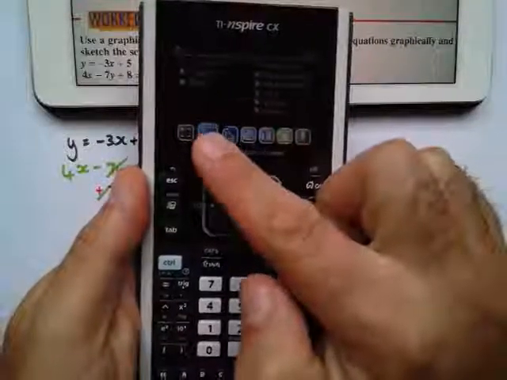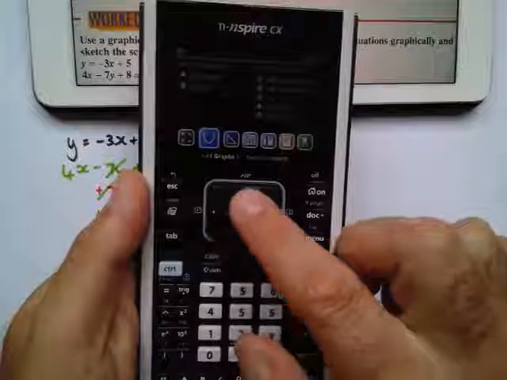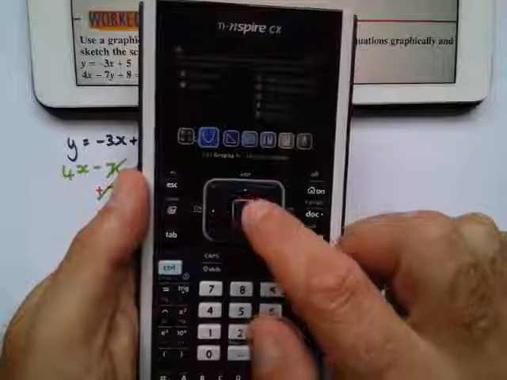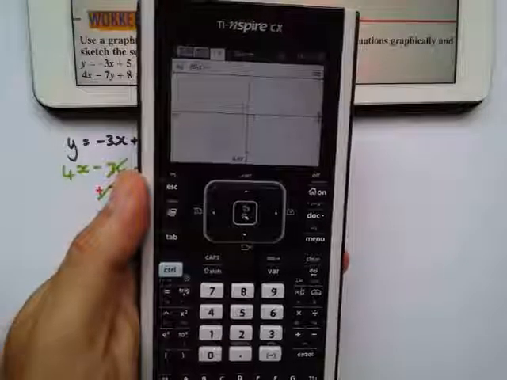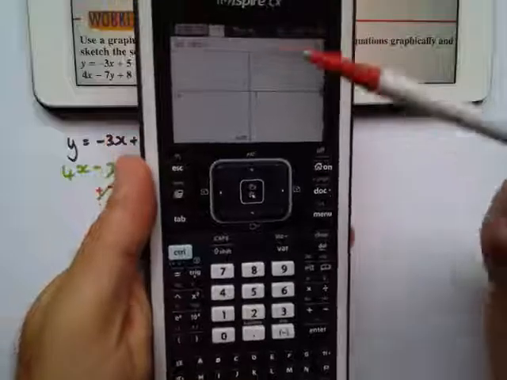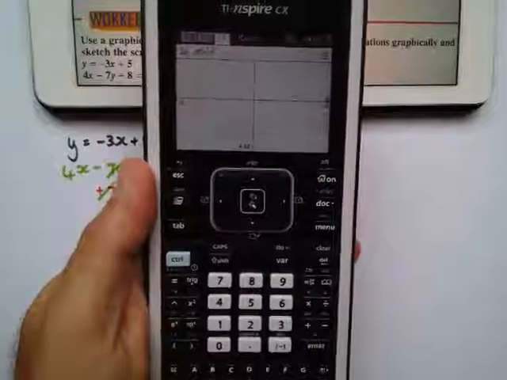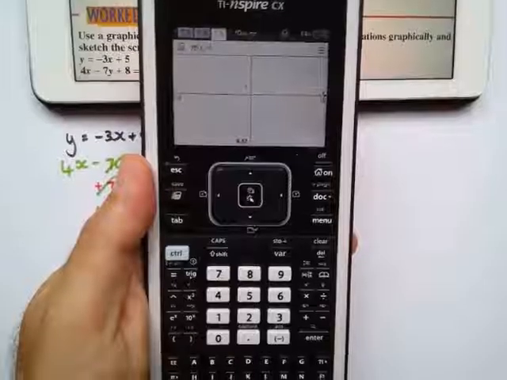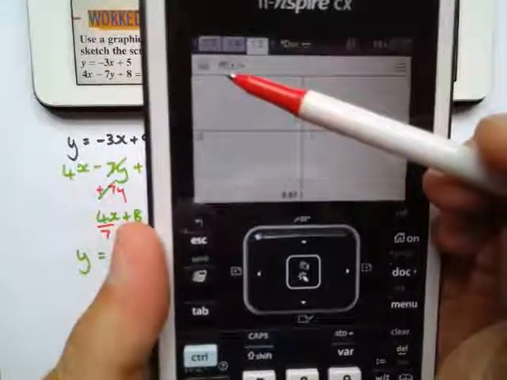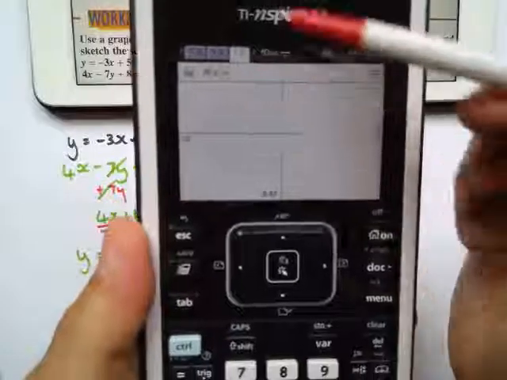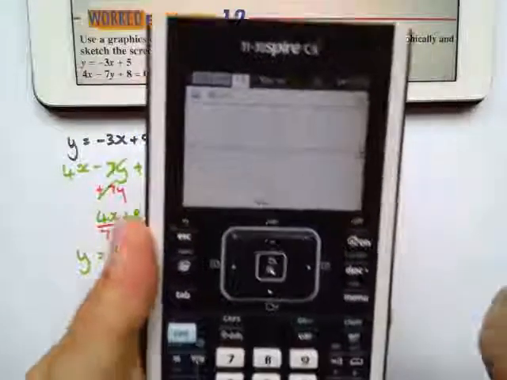My first step is I want a new graph, so you can just go down to graphs, click on that, new graph. Depends on how many documents you have open. You might have different functions up here, depending on how many other documents you have open, so that's not a worry.